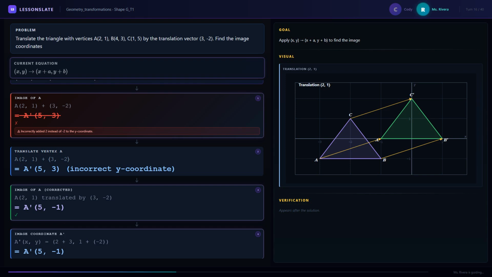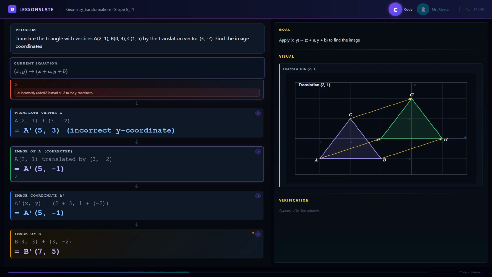Now, let's move on to vertex B at the point 4, 3. Using the same translation vector 3, negative 2, what would be the coordinates for B prime? Alright, for B at the point 4, 3 with the translation vector 3, negative 2, I'll do the point 4 plus 3, 3 plus 2. That means B prime would be the point 7, 5.